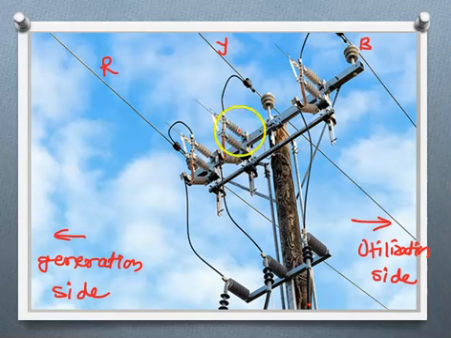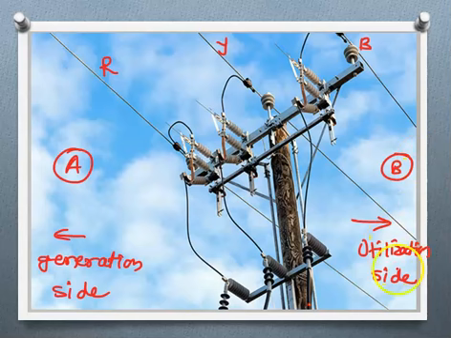These are the supply lines carrying the electric supply from this point to that point. At this point the loads are connected. These are three-phase lines, and either three-phase loads or single-phase loads are connected.